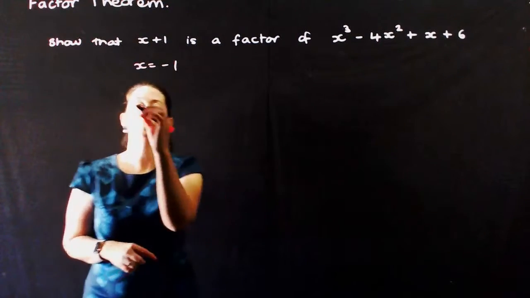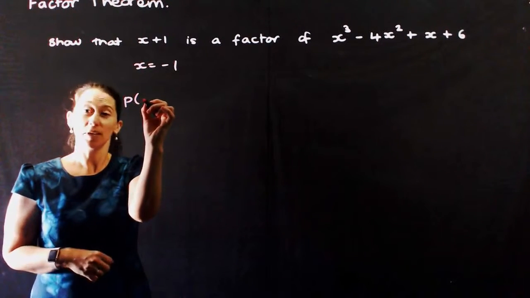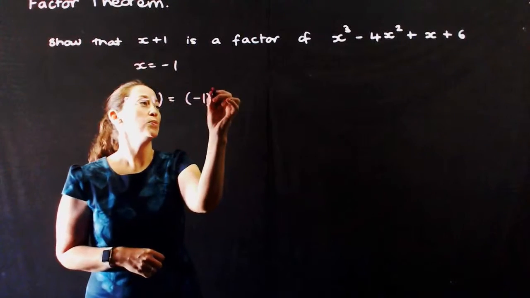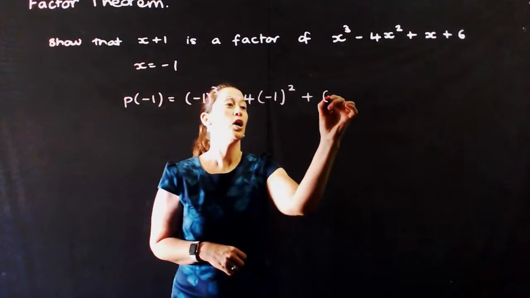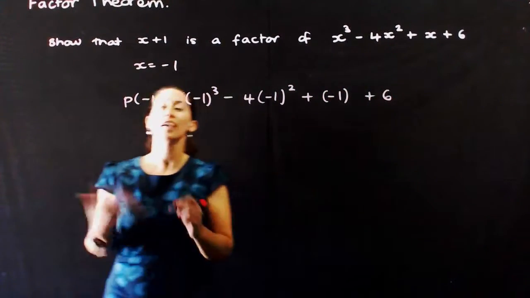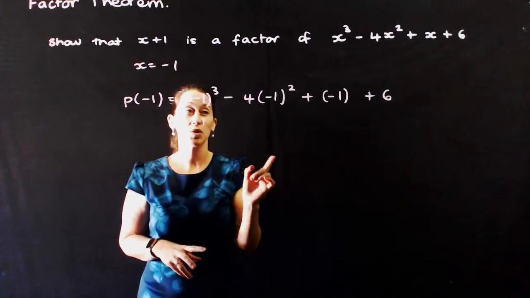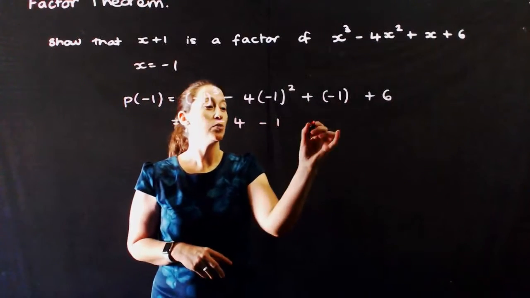So let's try it. Let's call our polynomial p of x. I'm subbing in minus 1 for x in this case. So minus 1 cubed minus 4 times minus 1 squared plus minus 1 plus 6. Let's work that out. Minus 1 cubed is minus 1. Minus 1 squared is 1, so minus 4. Minus 1 plus the 6.